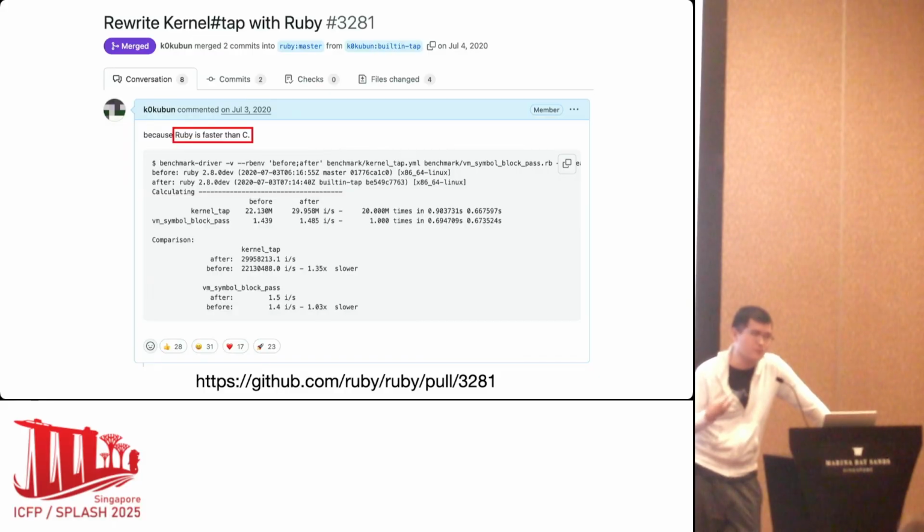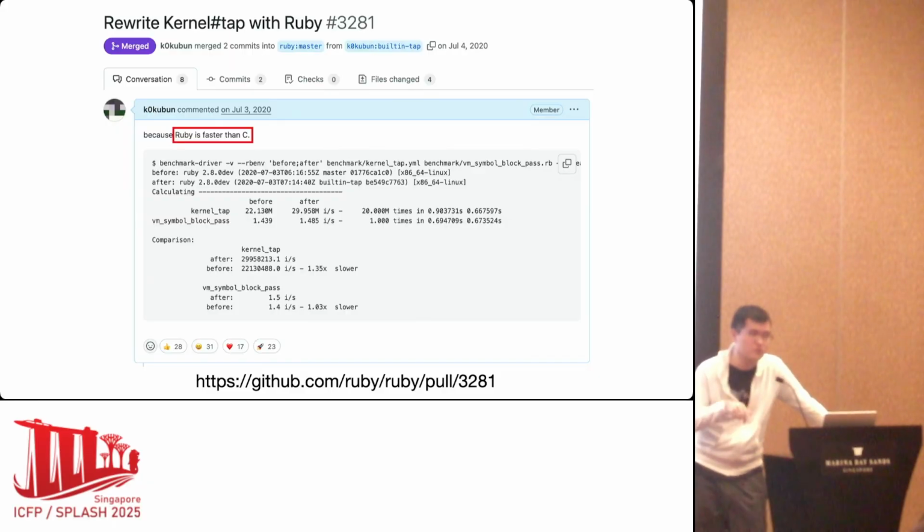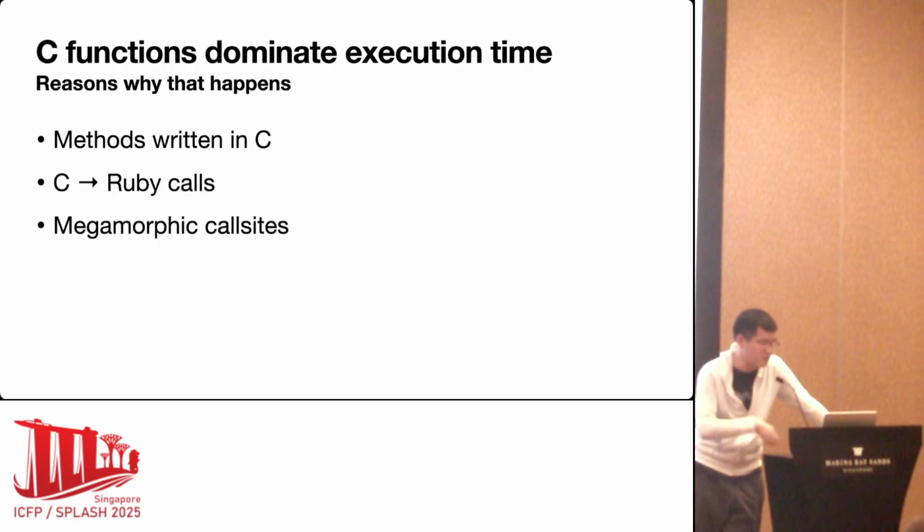But in some cases where the C is actually faster, even for methods that take a block, we guard with a JIT helper that allows you to define the Ruby version of the method and the C version, and maintain two different versions, and enable the Ruby version when the JIT is enabled, which is the current approach.